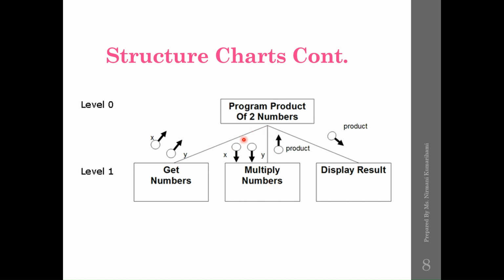To represent that, another two uncolored headed arrows will be used. After multiply numbers, the product will be generated. That product will be sent to the display result module. Here that's why we mention the product again under this.